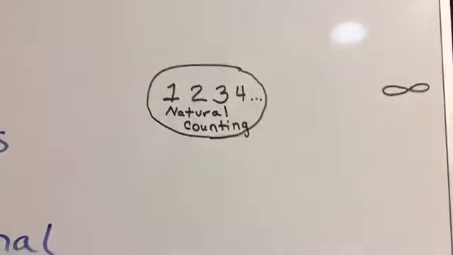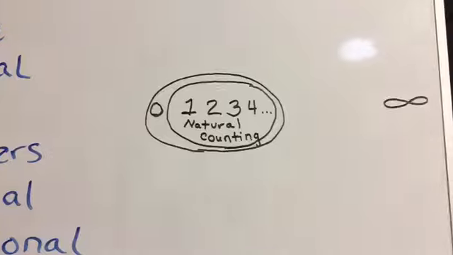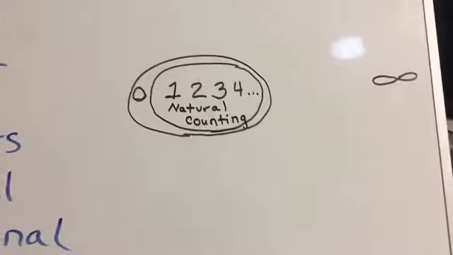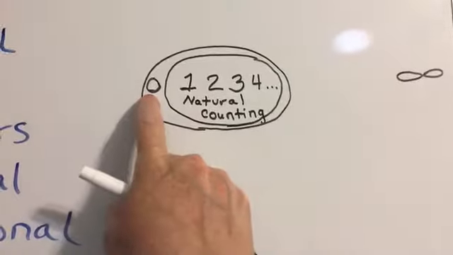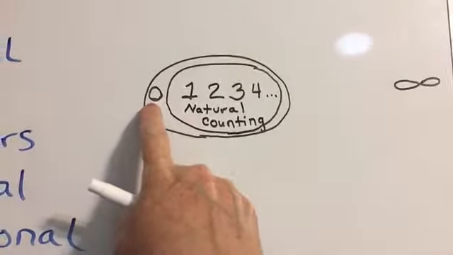So then you get a little bit older and you learn the concept of 0. 0, 1, 2, 3, 4, 5, 6, 7, 8, 9, 10. Okay, 0 is how many cookies you have left when you give them all away. Or as we used to say, how many elephants you have in your pocket.